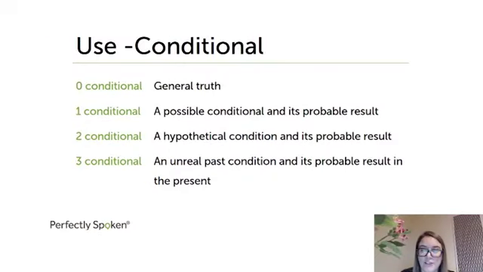And third conditional is for an unreal past condition and its probable result in the present. So what this means is it's something that's impossible to happen. It's something that's in the past, I'm reflecting on it, but it's impossible to change. Something like, if I had studied more, I would have passed the exam.